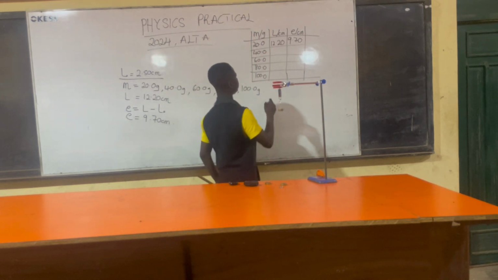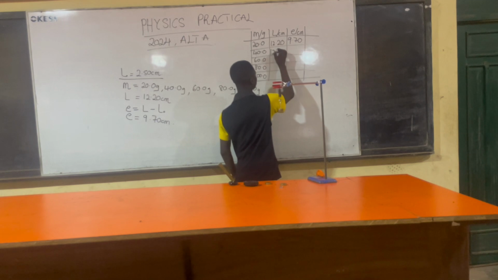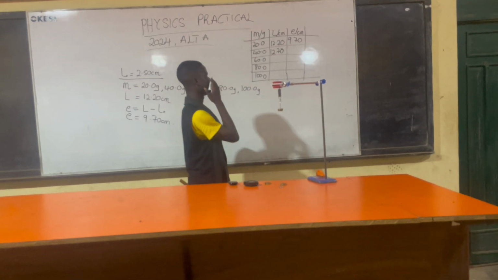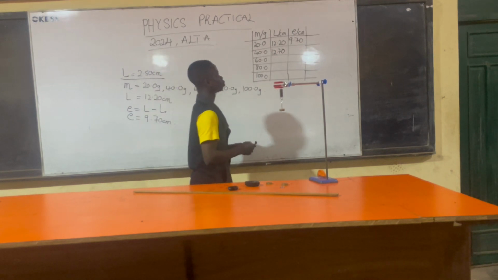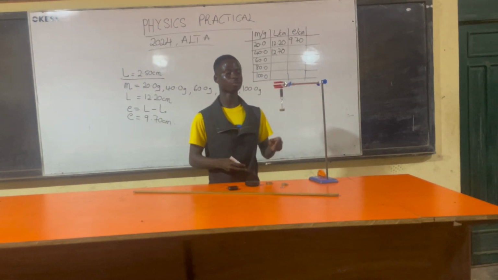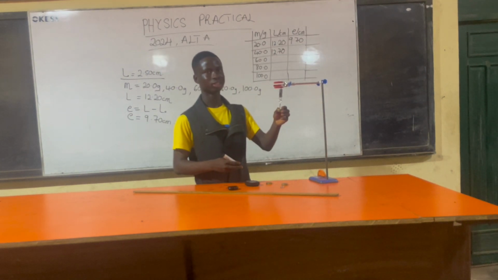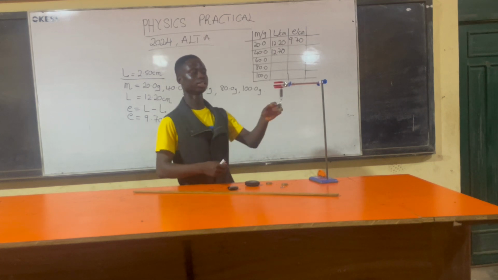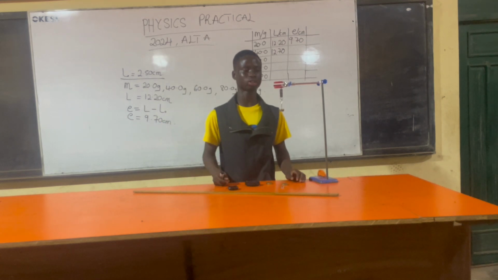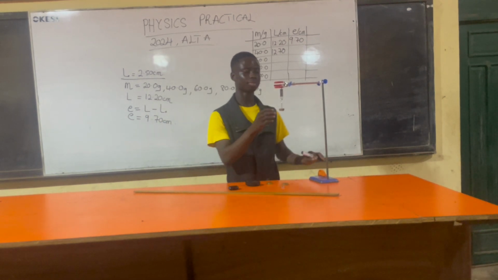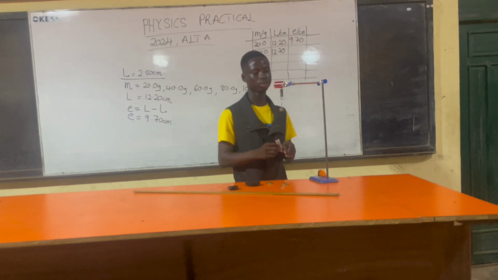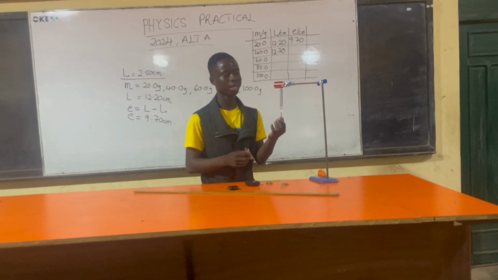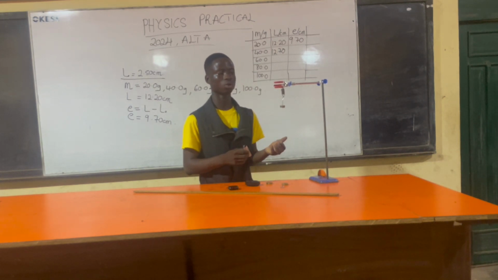So 12.70 for L. With mass M of 40 grams only, we are to set this in vertical oscillation. After we have added mass 40 grams to it, we displace it slightly to perform vertical oscillation.